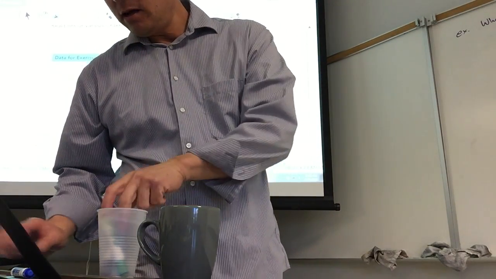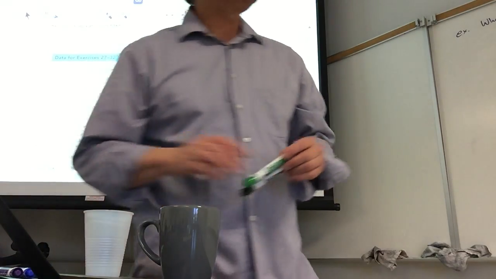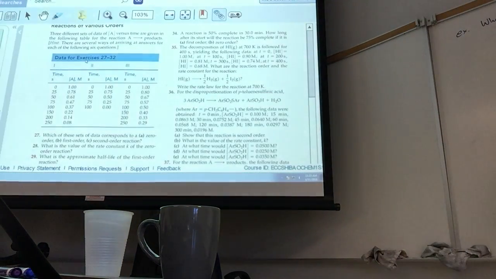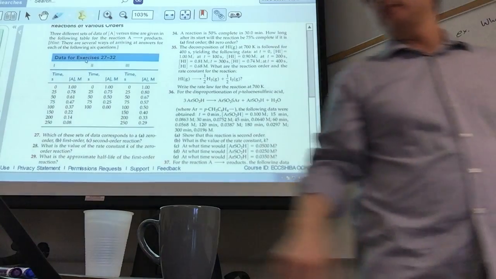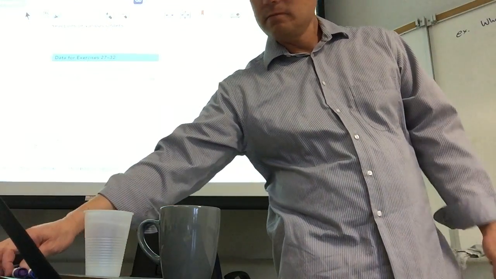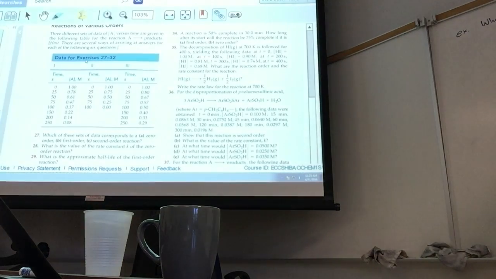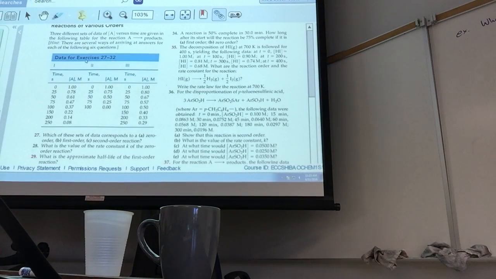But in this, we look at the slope of each segment. Between the first point and the second point, we're going to generate a slope, this. And between the second point and the third point, we'll generate another slope, here. Then we just compare the 2 slopes. If it's linear, the 2 slopes should be the same.